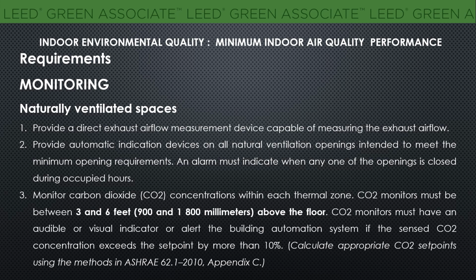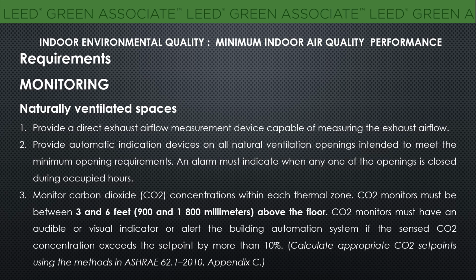Number 3, or option 3, is monitoring of carbon dioxide concentration within each thermal zone. So basically we have to monitor the carbon dioxide concentration, and the monitoring must be done between 3 and 6 feet above the floor level. And this carbon dioxide monitoring must have an audible or visual indicator or alert the building automation system if the sensed carbon dioxide concentration exceeds the set point by more than 10%.